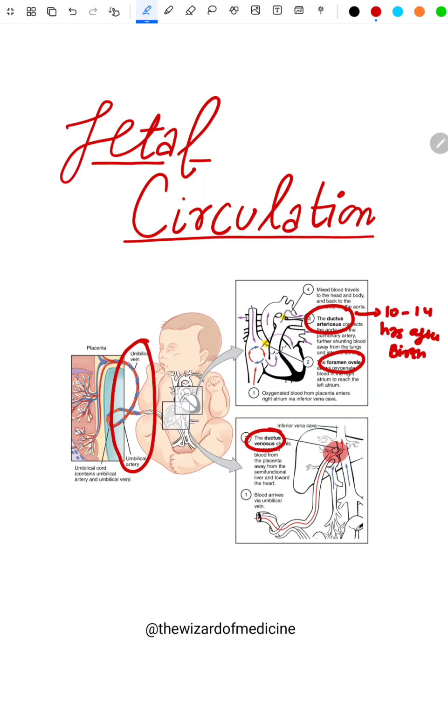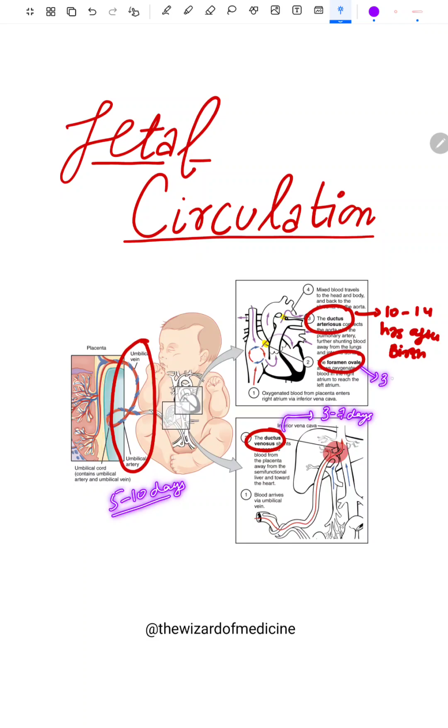On the other hand, if I talk about the anatomical closure, then the umbilical vessels will close by 5 to 10 days anatomically. The ductus venosus will close by 3 to 7 days anatomically. The foramen ovale will close by 3 months after birth and may also take some years to close.